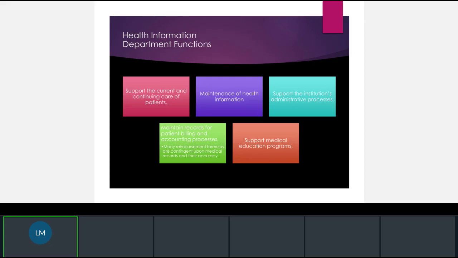But on the administrative side, if there's an error in data reporting, that could be not only harm to the patient, but there could be sizable financial loss for the healthcare institution.